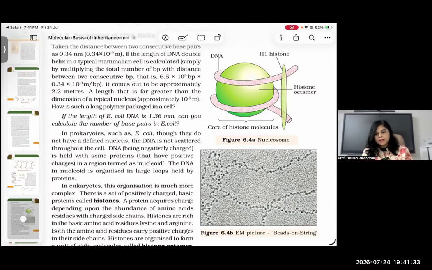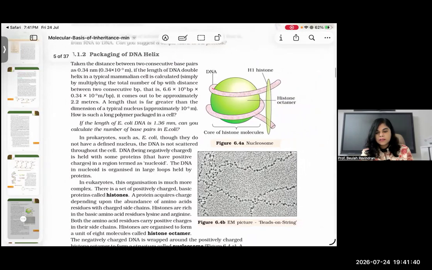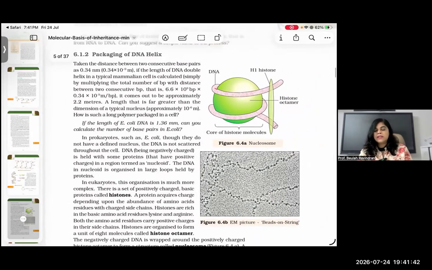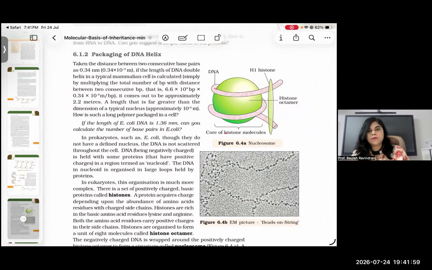This is DNA, negatively charged. It is wrapping the histone octamer. This green color is the histone octamer. Can you understand? As shown in this particular figure, we can understand how it is formed.